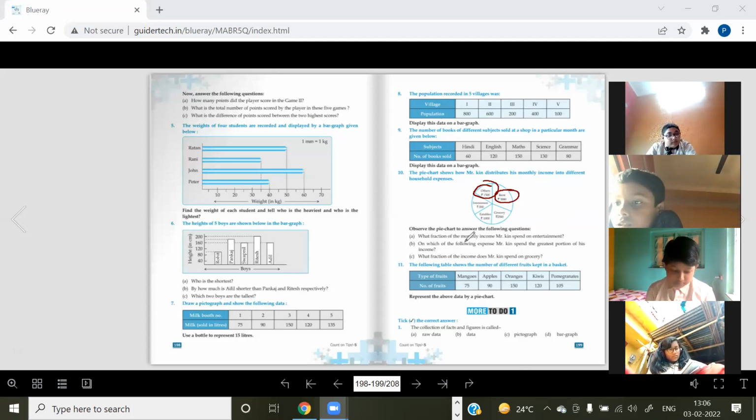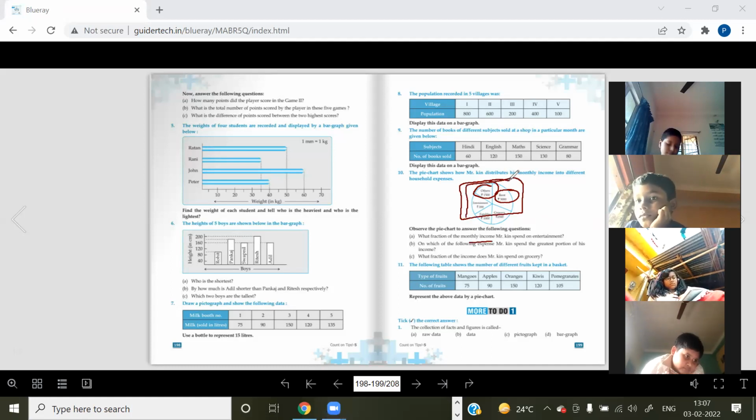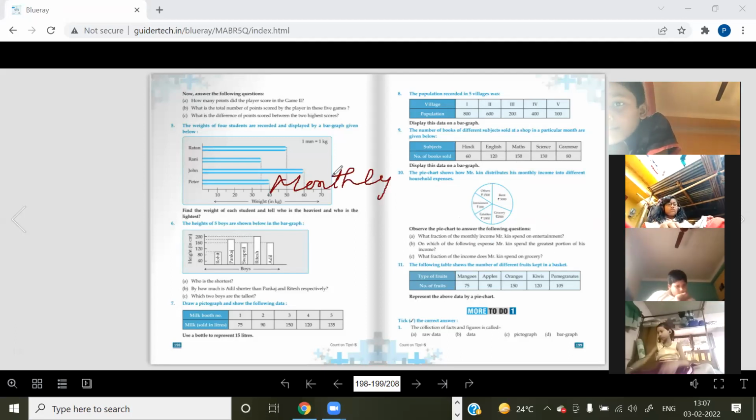Now the question here. What fraction of the monthly income does Mr. King spend on entertainment? Monthly income means this total, yes or no? So we have to find the monthly income. What will be the monthly income? We have to just add them.